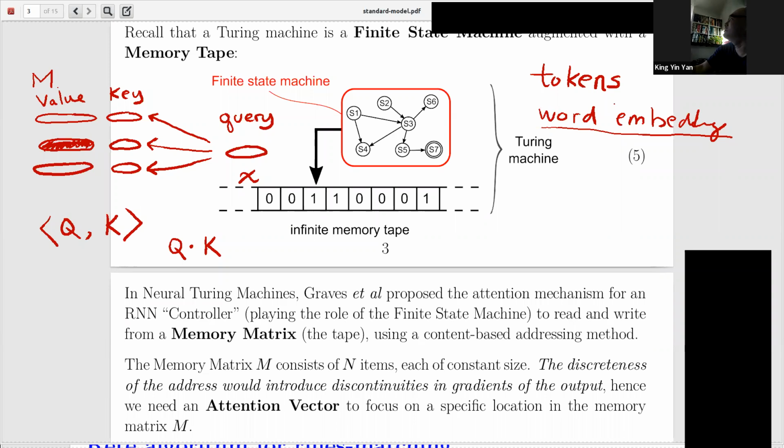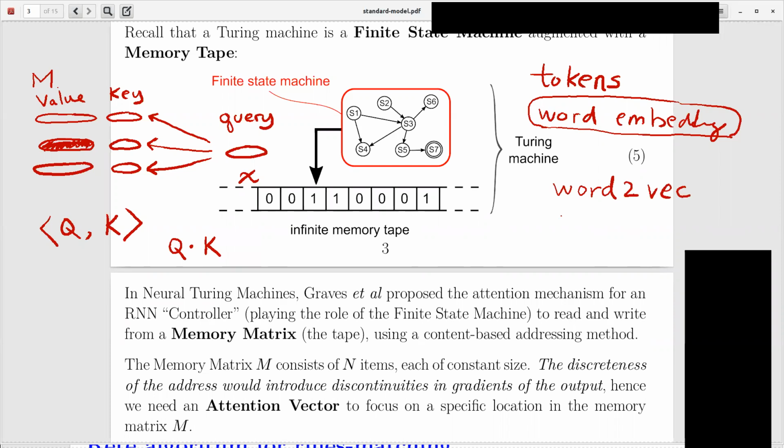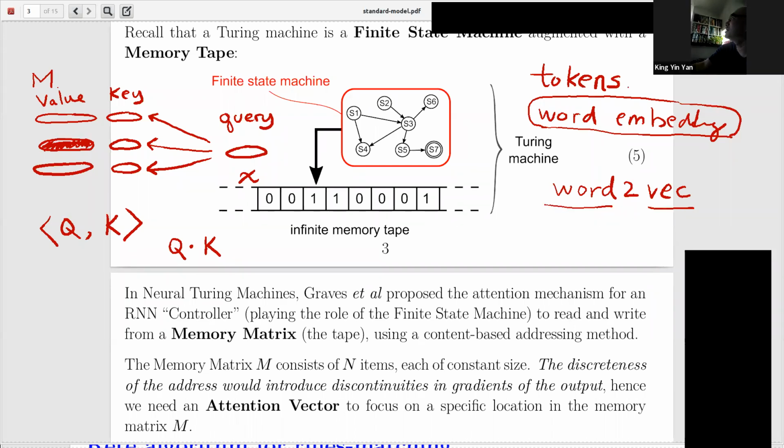The word embedding is originally provided by another algorithm, the word vector algorithm. You input the word, then it gives you a vector that becomes an embedding, and it's used for the query.